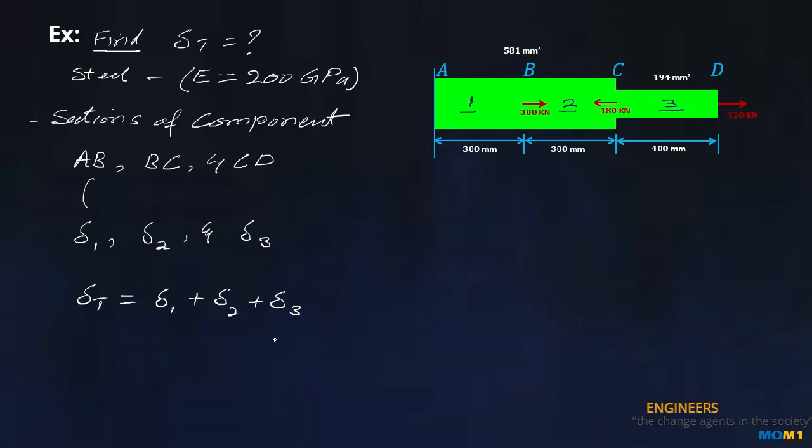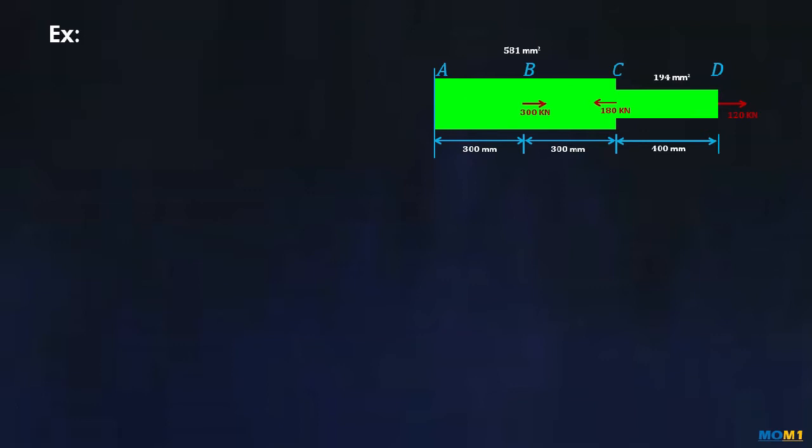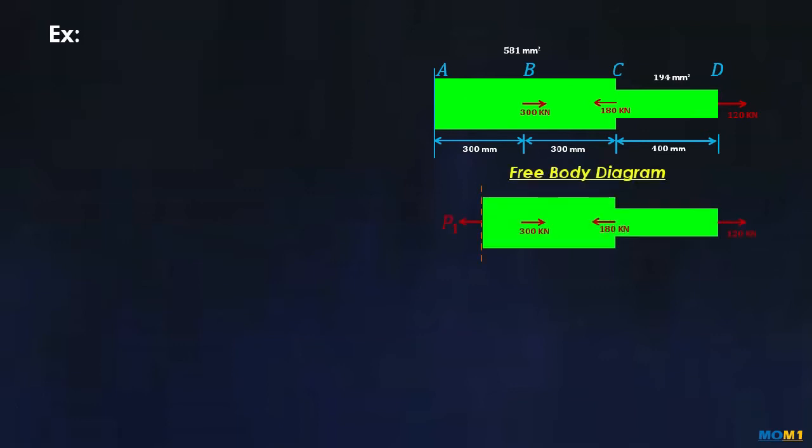And to solve that, as per procedure, we have to make the free body diagram. Now this is for section AB, and we are going to use the basic expression, that is P1 L1 upon A1 E1.